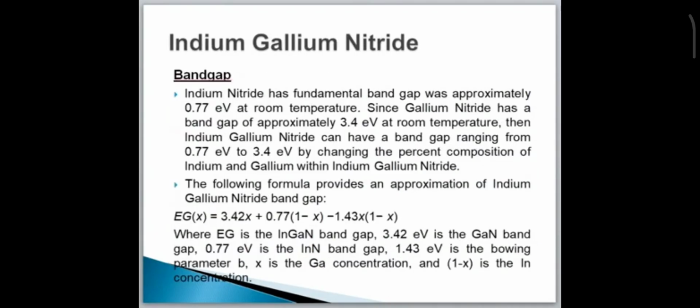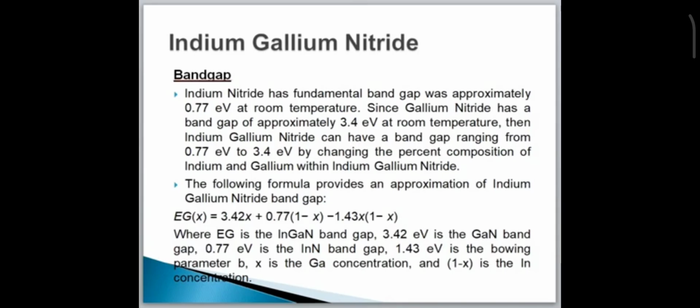Next we will talk about the material used in the solar cell, that is indium gallium nitride material. First I will discuss the band gap of this material. Indium nitride has a fundamental band gap of approximately 0.77 electron volt at room temperature.